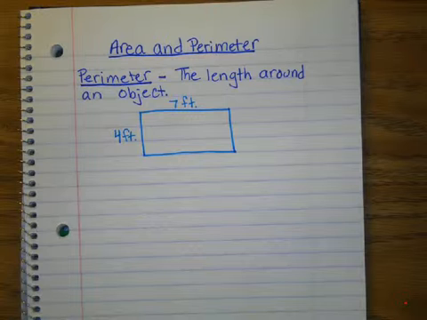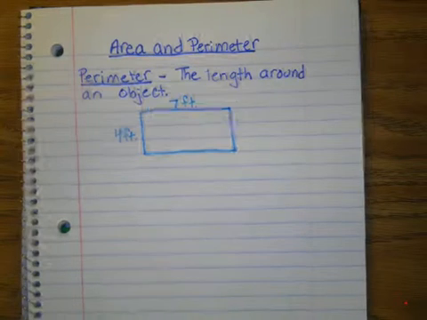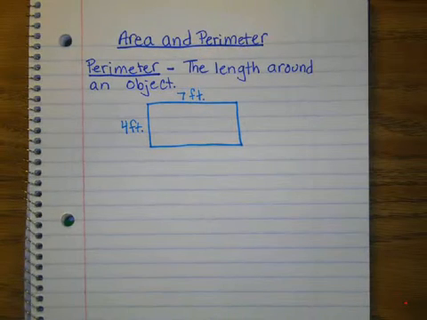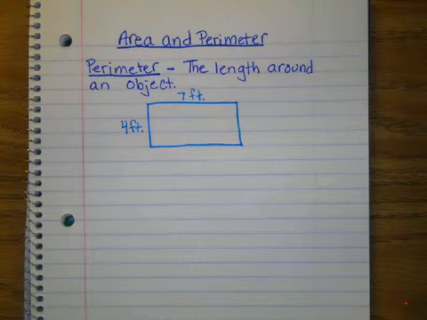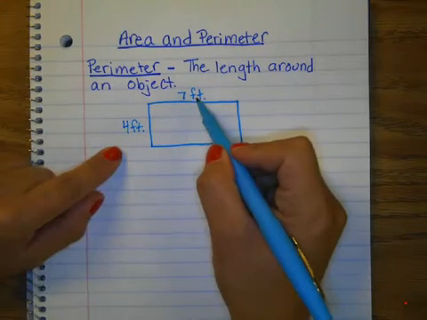So what would I do to figure out how much fencing to buy? Jackson Kennedy? You would add up the length of all the sides. Right. So to find perimeter, we would literally add up the length of all of our sides.